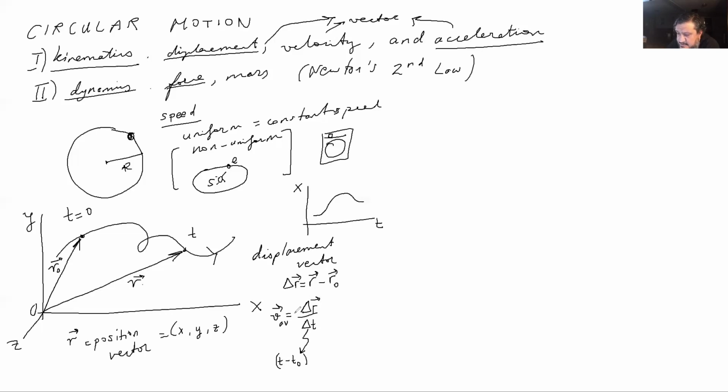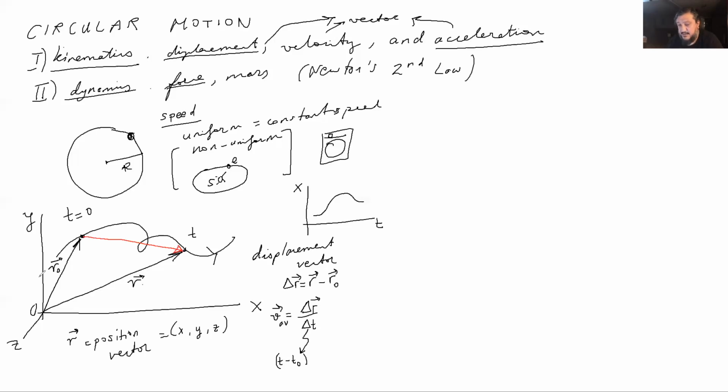Before we do the instantaneous velocity, let's just try to draw this. Let's use red. I'm going to go from here to there.